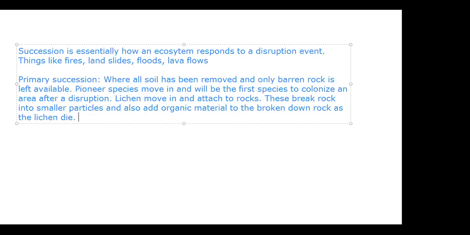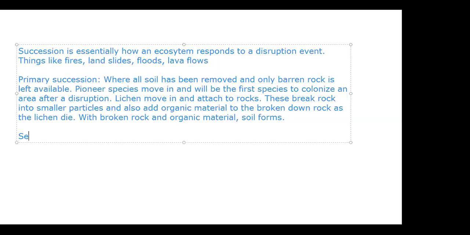So once you have broken down rock and organic material, what starts to form? Anybody tell me? Soil. Soil forms, okay? So with broken down rock and organic material, soil forms.